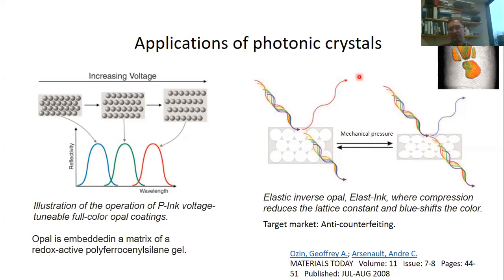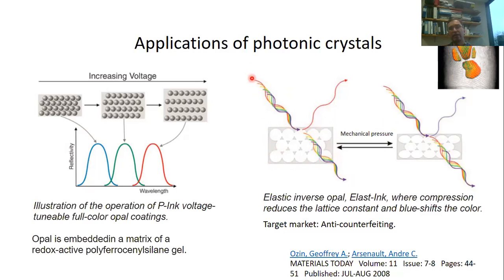So here's the other application. This is called elast ink. In this case, we change the lattice constant of our photonic crystal through mechanical pressure. Okay, so this is illustrated here. Here we have our photonic crystal.